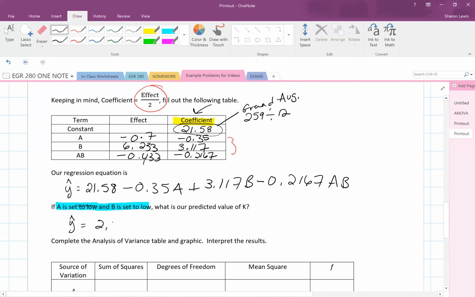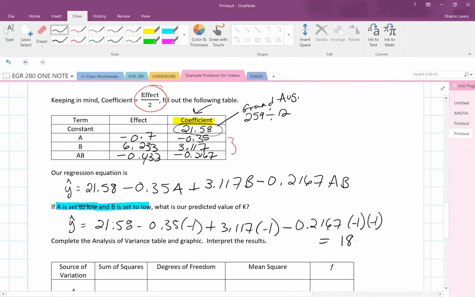So 21.58 minus 0.35 times the low level plus 3.117 times the low level minus 0.2167 times the lows. Then you just solve that equation, and we get 18.6. That would be the predicted value if we set the velocity and the viscosity to their low levels.